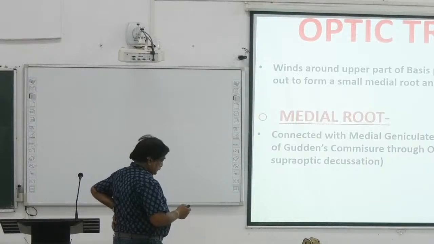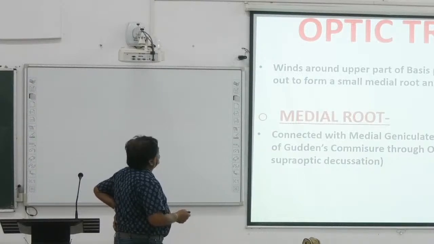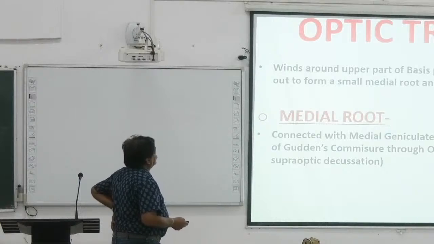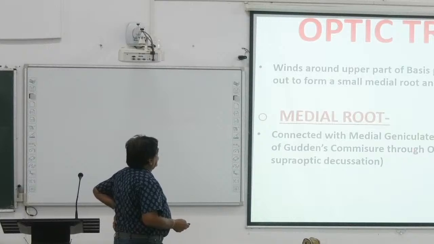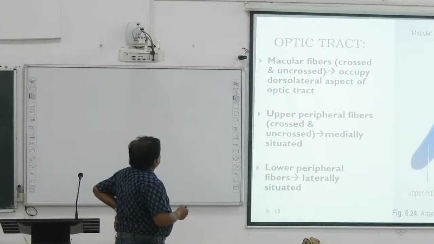The optic tract winds around the upper part of the basis pedunculi and flattens out, forming a small medial root and a large lateral root. The medial root is connected with the medial geniculate body and forms fibers of Gudden's commissure through the optic chiasma, ventral supraoptic decussation. In the optic tract, macular fibers, crossed and uncrossed, occupy the dorsolateral aspect.